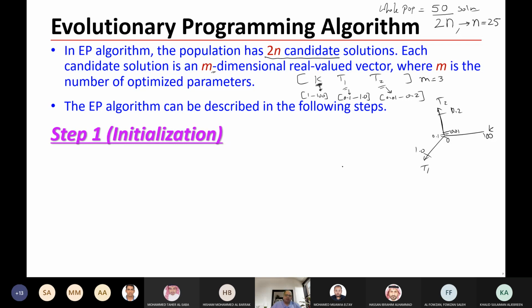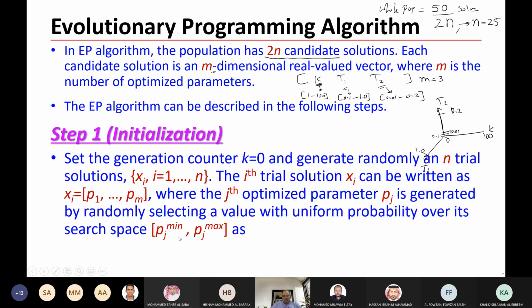So each solution is three-dimensional. For initialization, you start randomly within this range, and definitely you know how to start randomly. This is similar to genetic algorithm, nothing new.